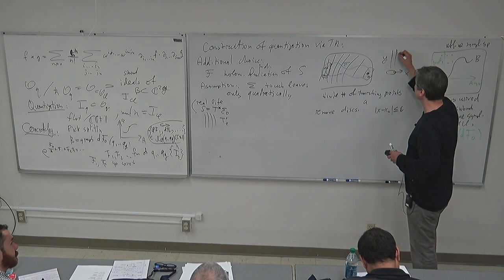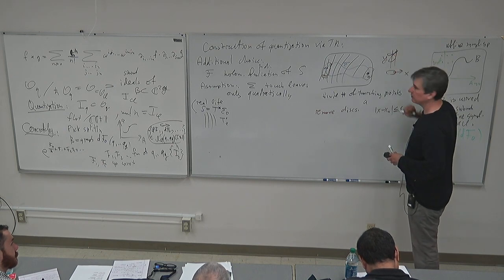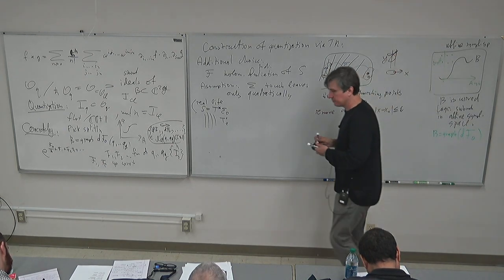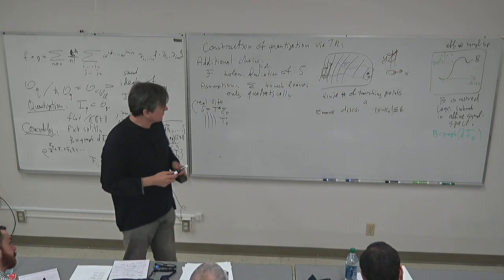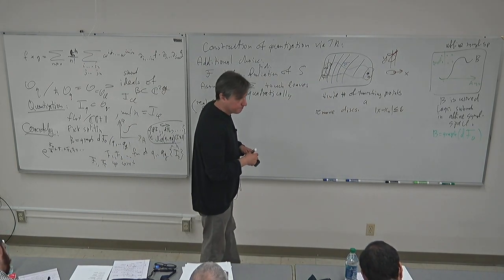I remove the small circles, and here it will be a double cover because of the quadratic story. And I get a surface with boundary.